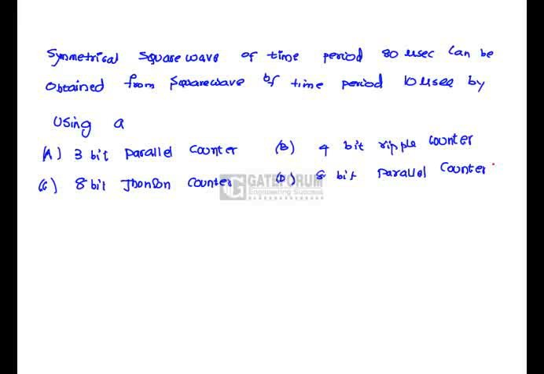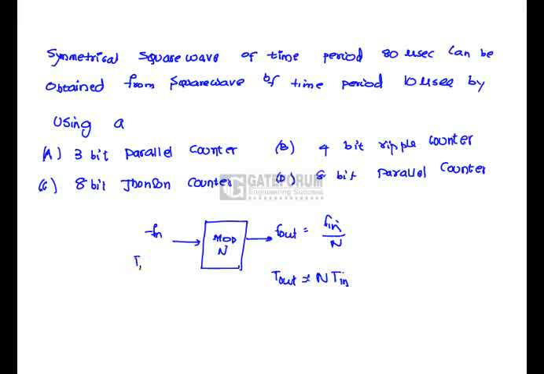A square wave of time period 80 microseconds can be obtained from a square wave of time period 10 microseconds by using which counter? Here we know that in case of a mod n counter, F out is equal to F in by n. So T out is equal to n T in.